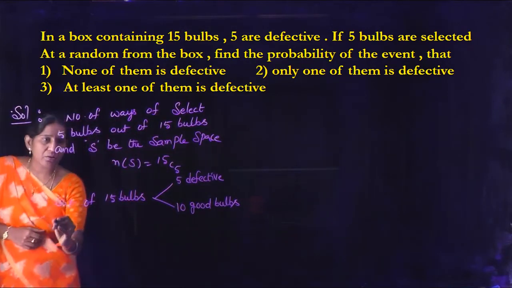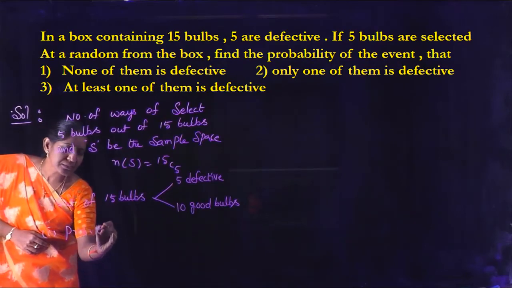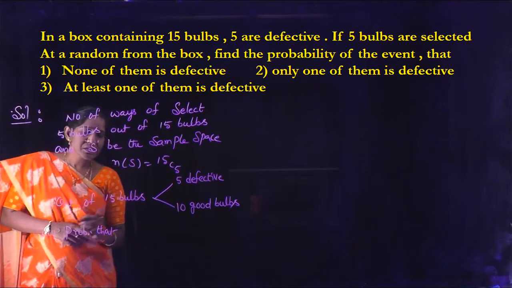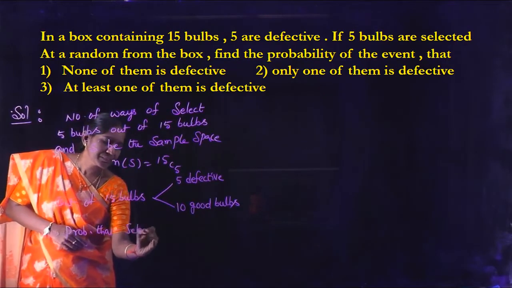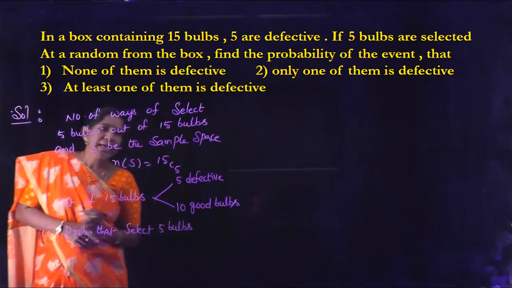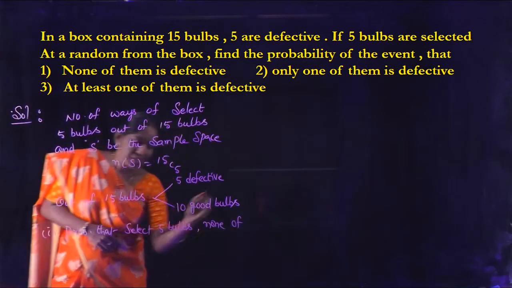First, we have to find the probability that when we select 5 bulbs, none of them is defective.